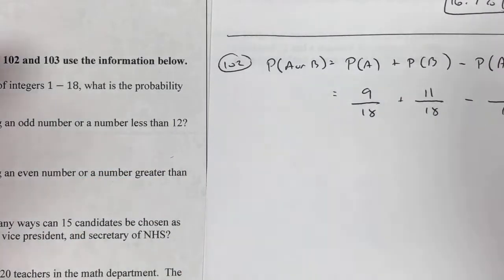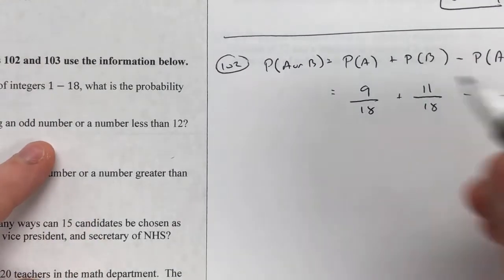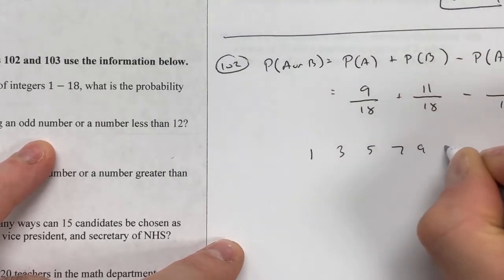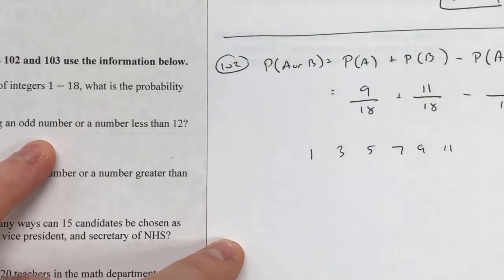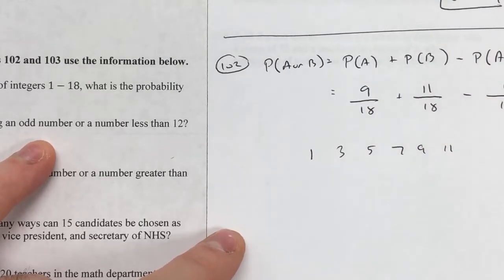So A and B are the odd numbers that are less than 12. So odd numbers less than 12: 1, 3, 5, 7, 9, 11. Those are my odd numbers that are less than 12. 1, 2, 3, 4, 5, 6. Awesome. Probability of A, probability of B, minus the overlap.